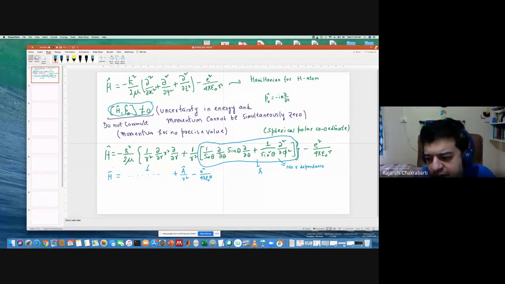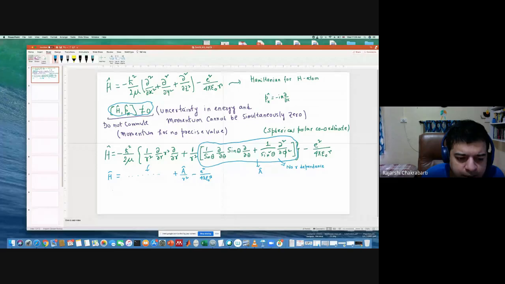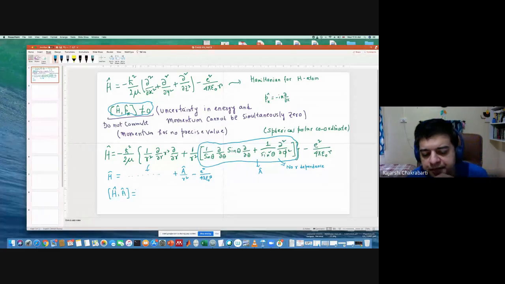Yeah, very simple. So now if I ask you to calculate this commutator [H, A], what will be the answer? Even without doing the math, you can tell me the answer.